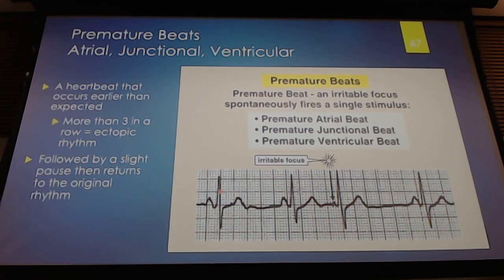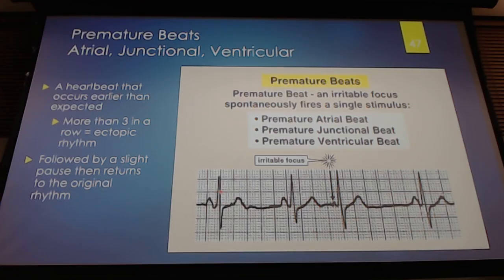In a non-tachycardia, we can sometimes have premature beats that occur in the heart. We can have premature atrial beats, you can have premature junctional beats, and we can have premature ventricular beats. So if I say a premature atrial beat, it means it's coming from the atria, but it's just occurring earlier than normal.